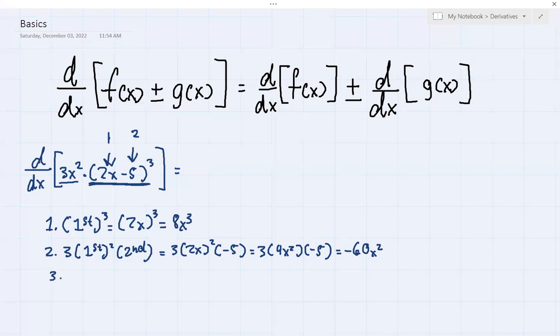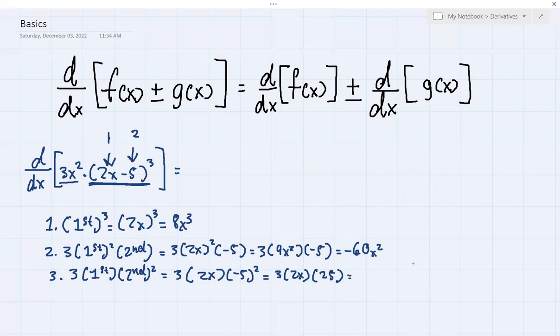So, now let's proceed to the third step. 3 times the first term times the square of the second term. So, we have 3 times yung first term mo, which is 2x, times the square of negative 5. So, ang mangyari dyan, we will have 3 times 2x times positive 25. Yan yung magiging resulta niya.